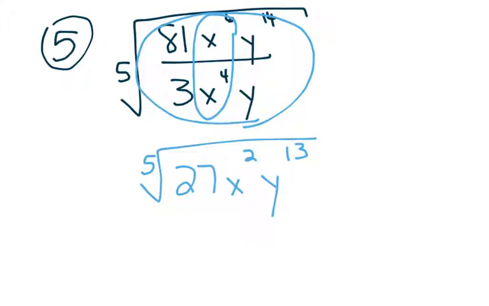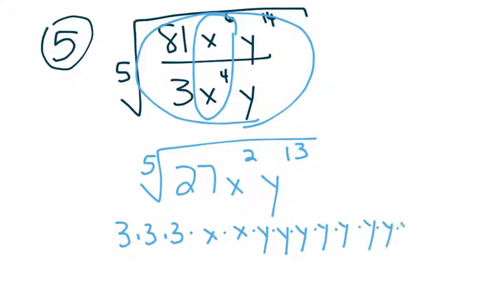Now I'm going to deal with taking the 5th root. Well, if I break this down, 27 breaks down into 3 times 3 times 3. X squared is x times x, and y to the 13th is, of course, 13 y's. 1, 2, 3, 4, 5, 6, 7, 8, 9, 10, 11, 12, 13. I'm running out of space here.